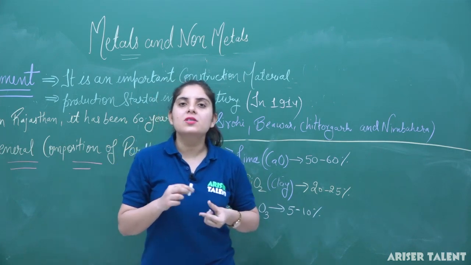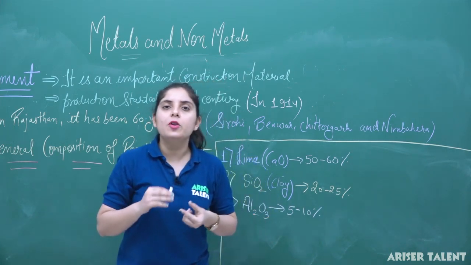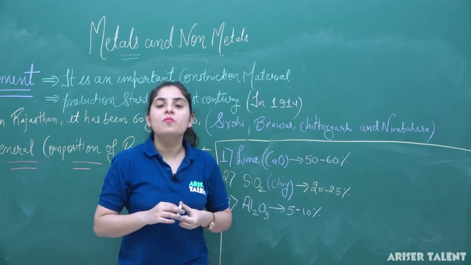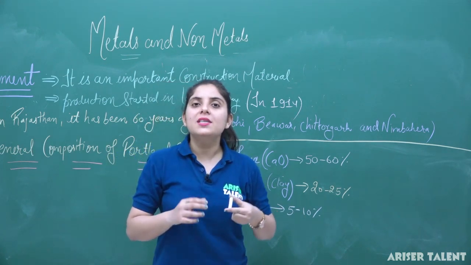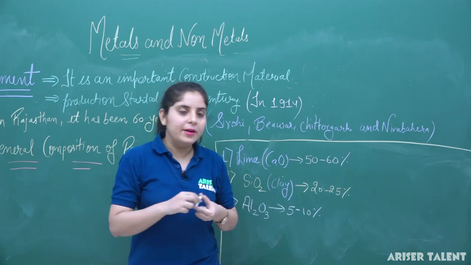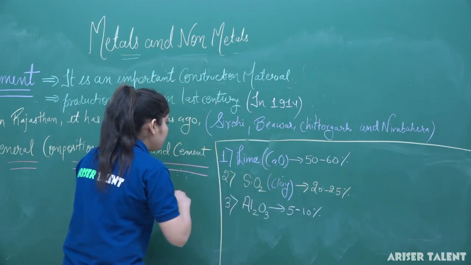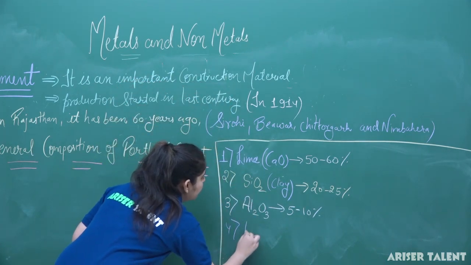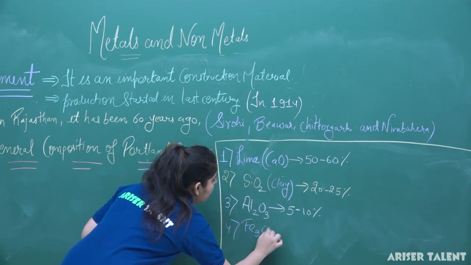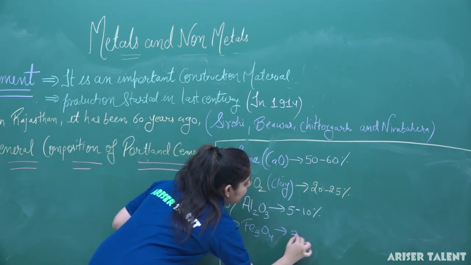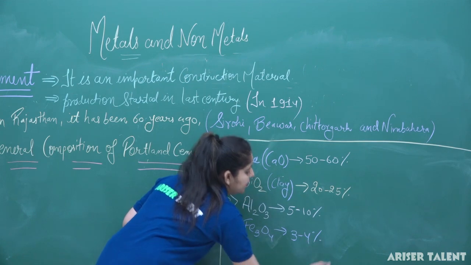It consists of oxides of iron, oxides of aluminium. Sometimes it is composed of magnesium oxide also. So these compounds are present in small quantities. Our fourth compound is Fe3O4. It is present in the composition of 3 to 4%.